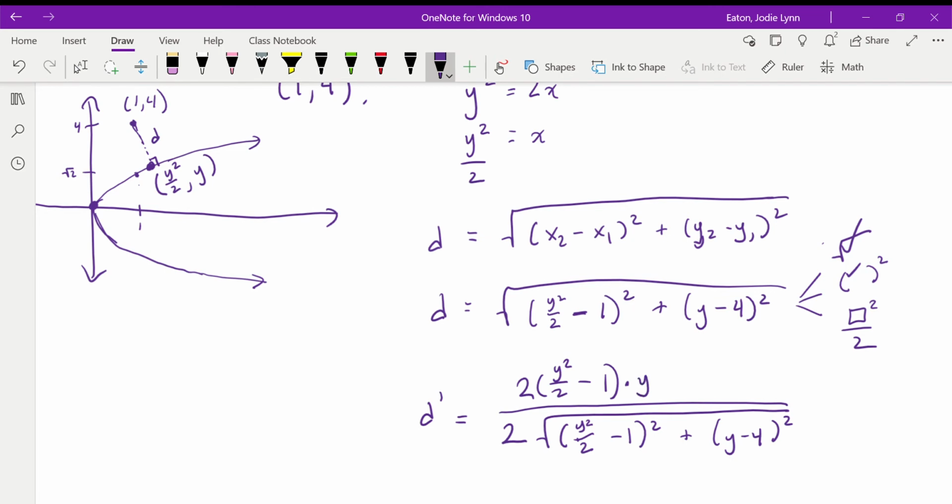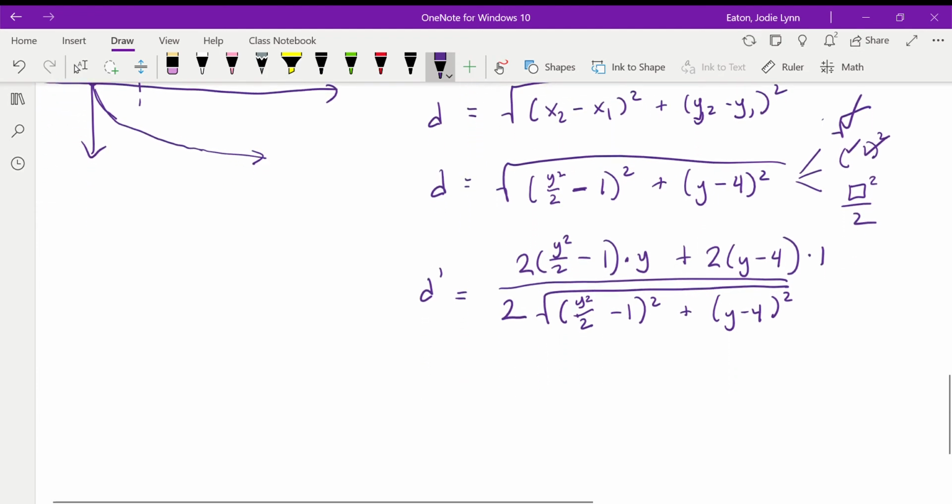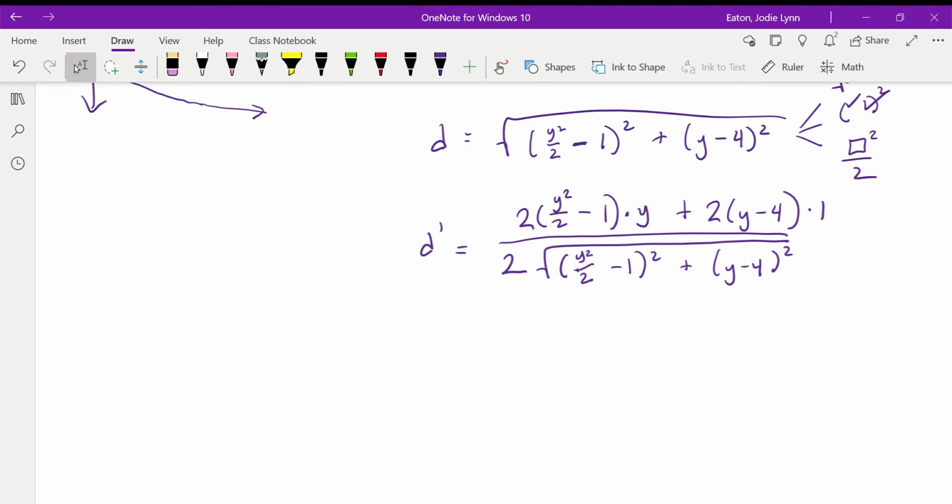Then plus 2 times (y minus 4). The inner derivative here is just 1, so we don't have to worry about that. That was kind of a yucky derivative, but it wasn't too bad. Just 3 instances of the chain rule we had to deal with.